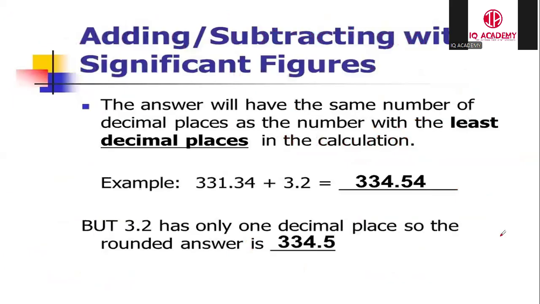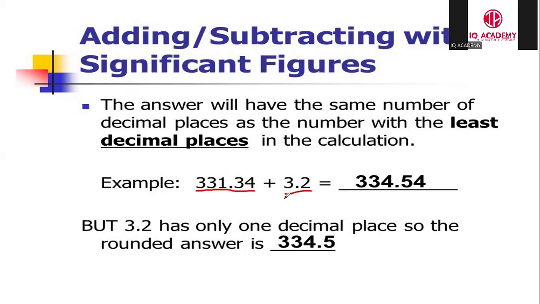Let's now talk about the rules when you are adding or subtracting numbers that have different numbers of significant figures. So let's say, for example, we are adding this number to that number, or we are subtracting that number from that number.